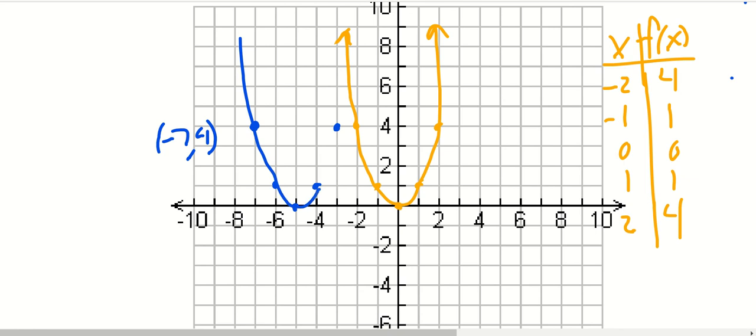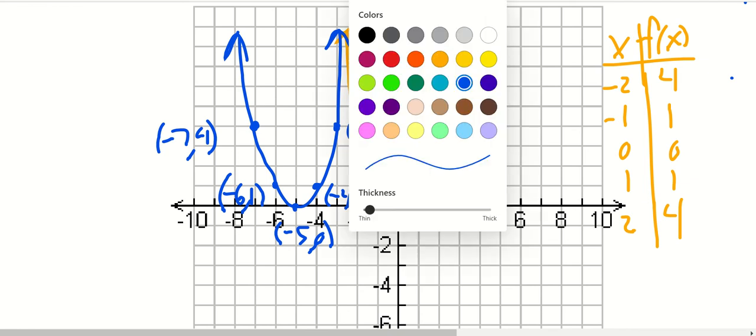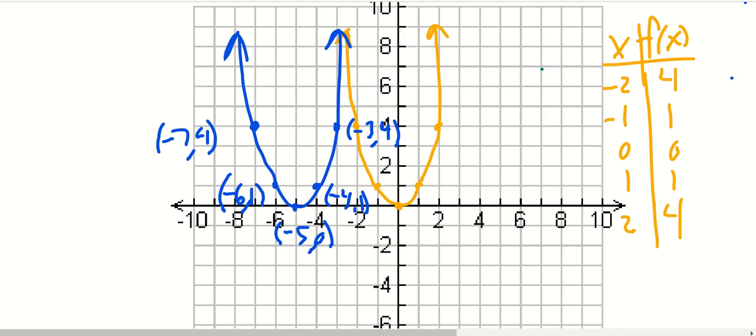Once we have our few points, we can go ahead and draw the graph. Again, how do we obtain this? Well, we simply took every point on the graph of f and we just moved everything over 5 units. So it was 5 units to the left.